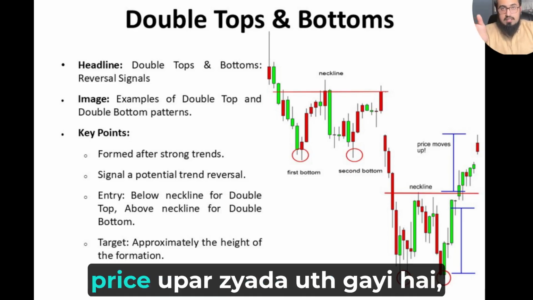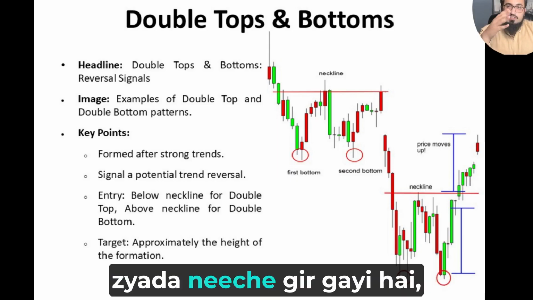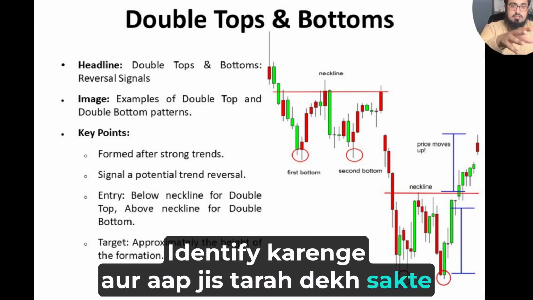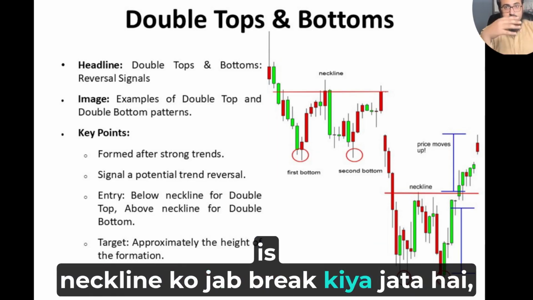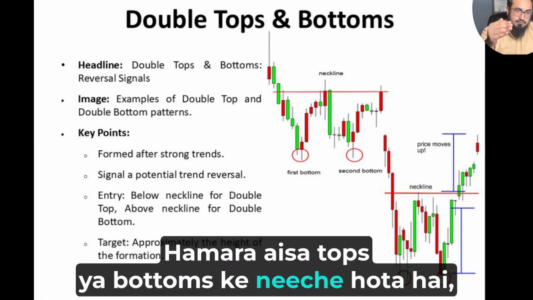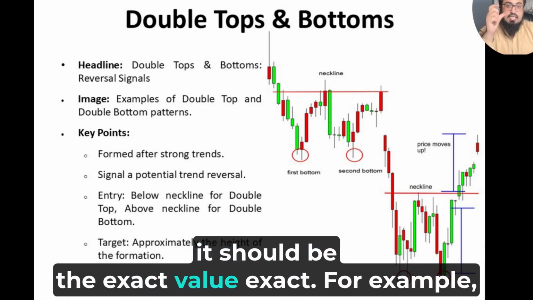So whenever there is a big movement, the price has risen a lot or fallen a lot, we will wait for it and identify it. As you can see in the pictures, the neckline forms, and when the candle crosses this neckline and it is broken, we enter. Our stop is above the top or below the bottom. So how much profit do we make?